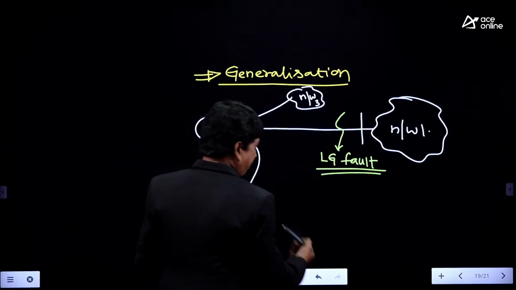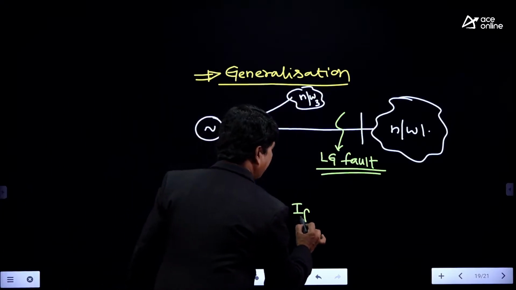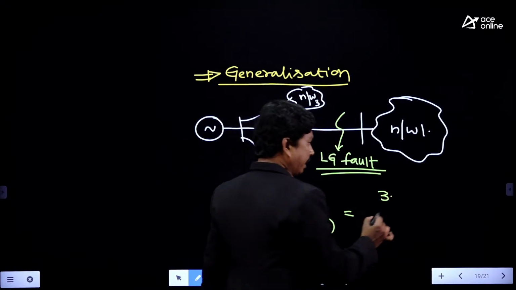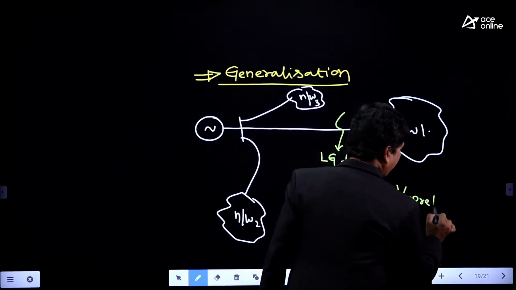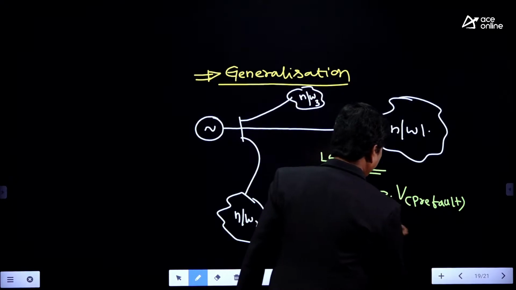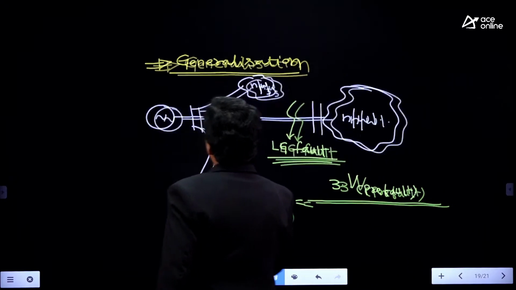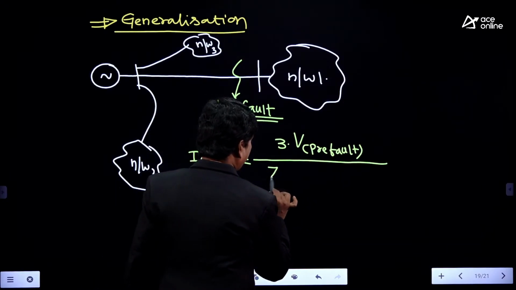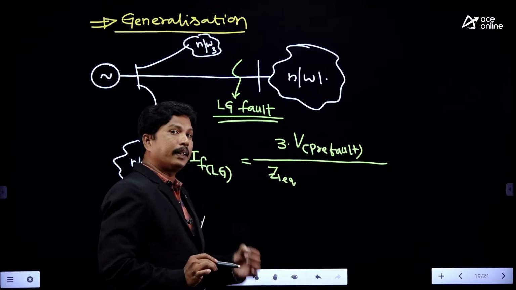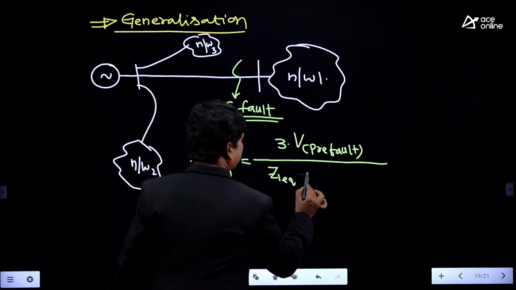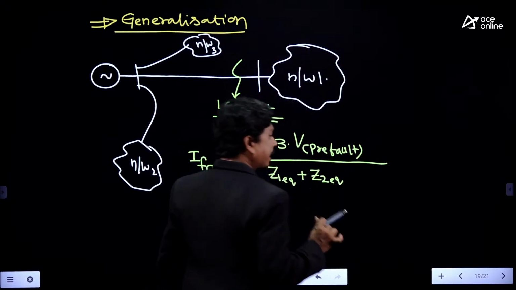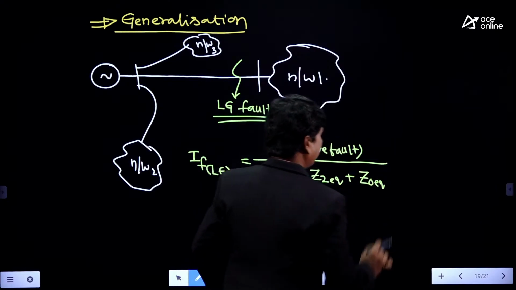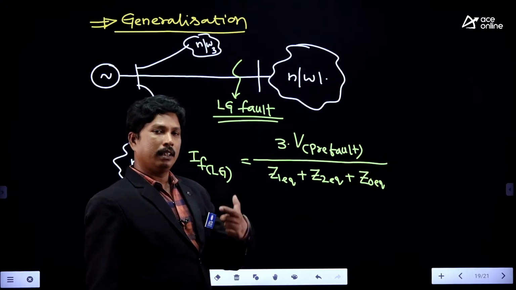So that we can write the fault current in this case, IFLG, is nothing but 3 times the pre-fault voltage, V pre-fault, divided by Z1 equivalent, the Thevenin's equivalent impedance of the positive sequence network, plus Z2 equivalent, the Thevenin's equivalent of the negative sequence network, and Z0 equivalent, the zero sequence equivalent impedance of the zero sequence network.